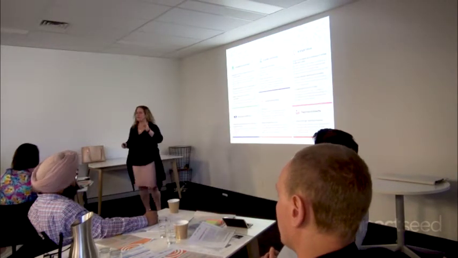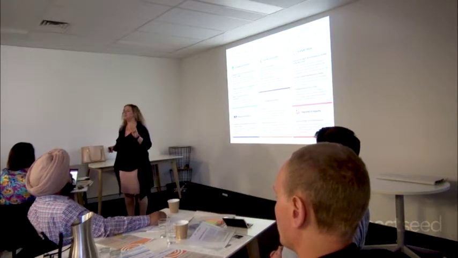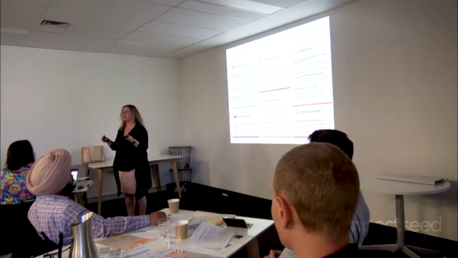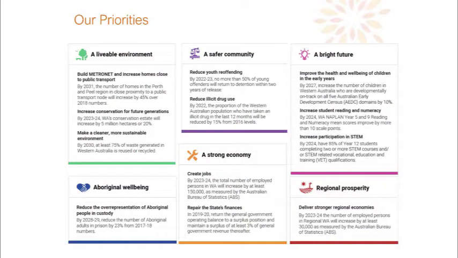The third framework I wanted to highlight is the state government's priorities. Again, if you're operating in WA and doing work related to these priorities, being able to map and align to them is really valuable. They're across 6 different domains, and I won't read them all out.